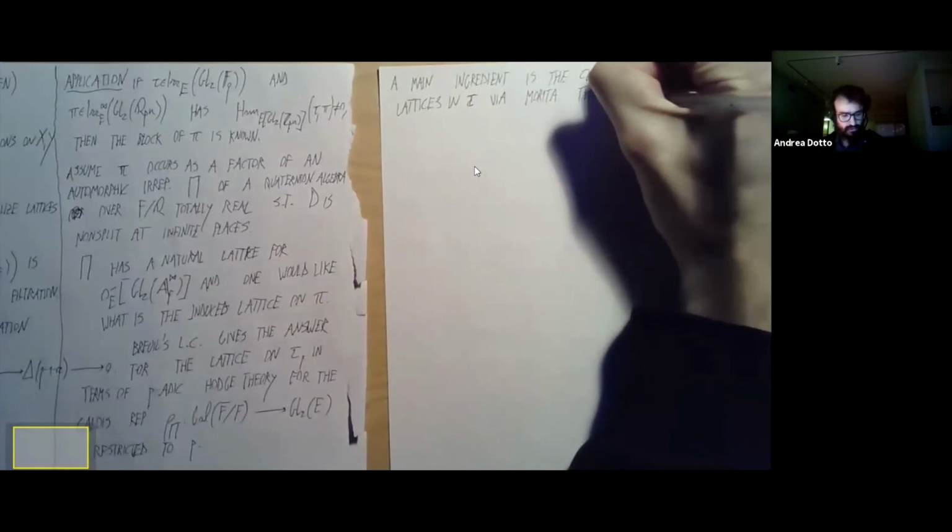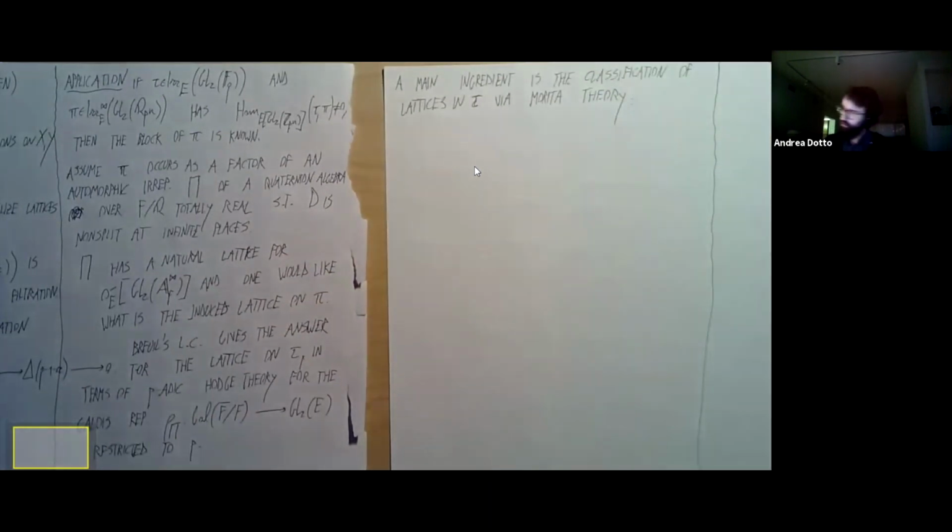So the classification goes as follows. It's supposed to be tau. Classification goes in 3 steps.